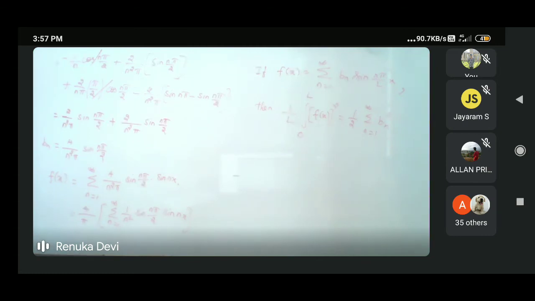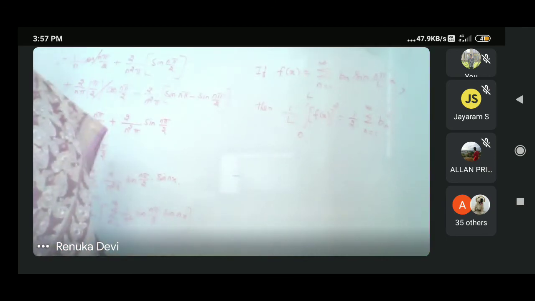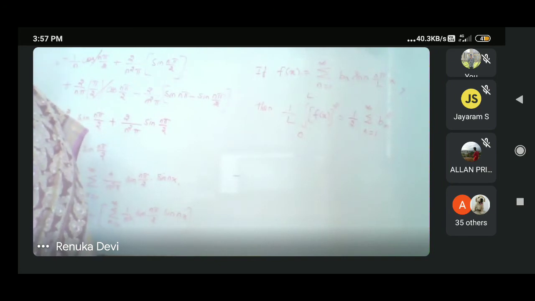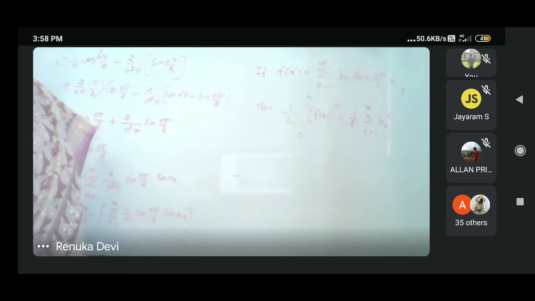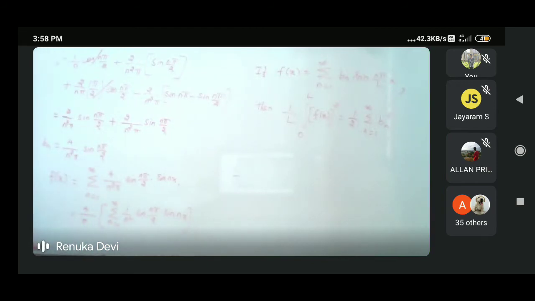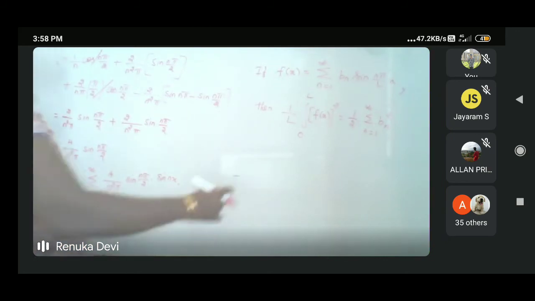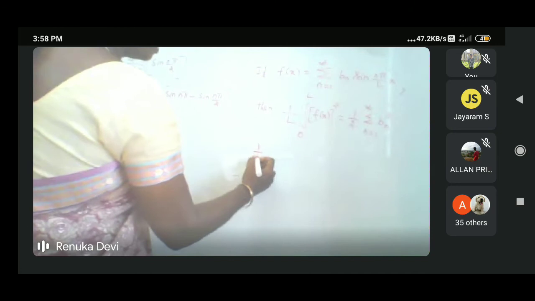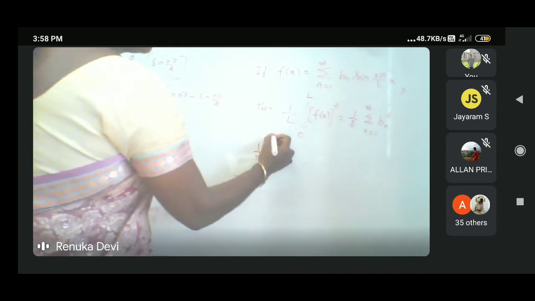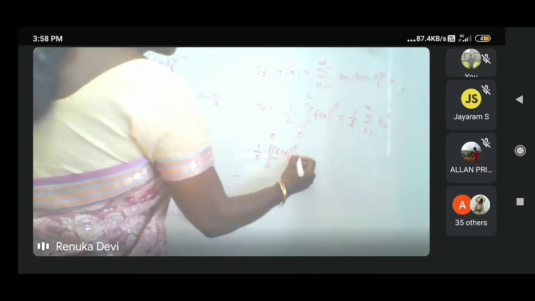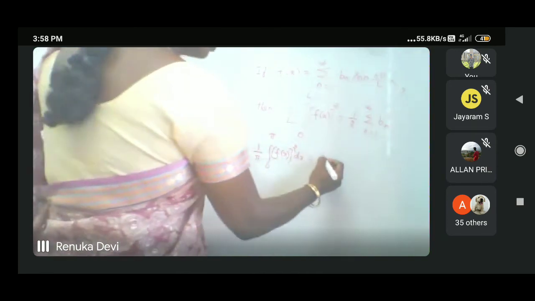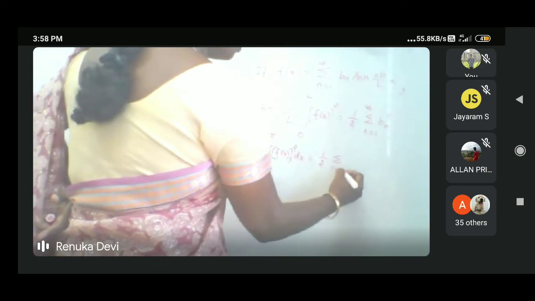But here, what is your L? L is pi. Therefore, using this relation, 1 by pi integral 0 to pi f of x the whole square dx equal to 1 by 2 sigma n equal to 1 to infinity.